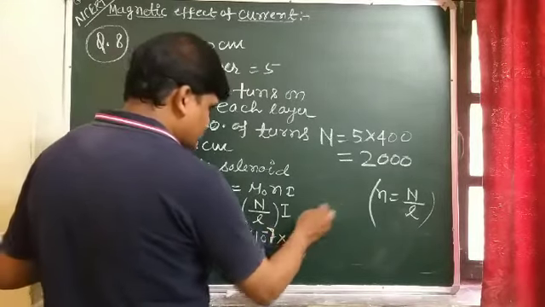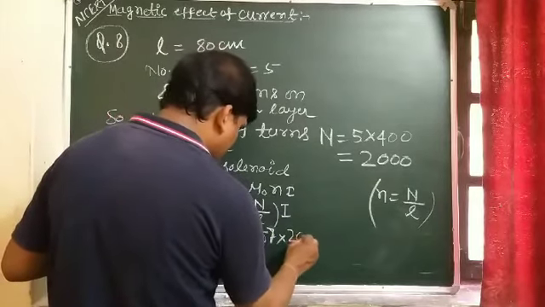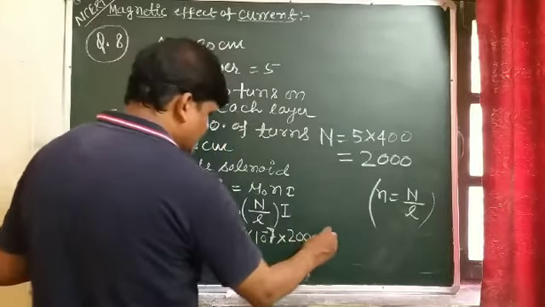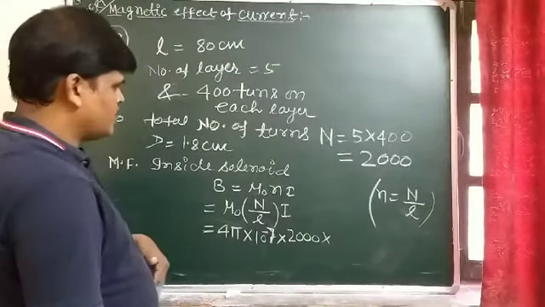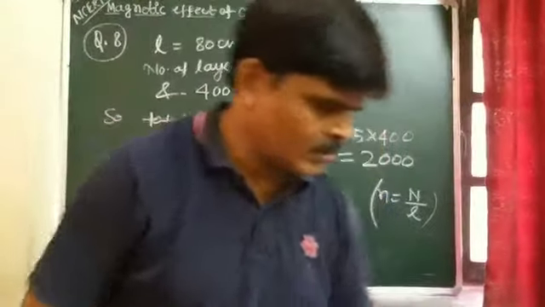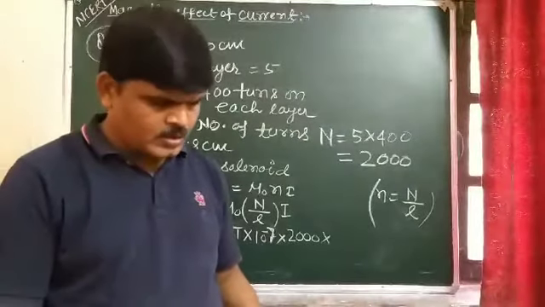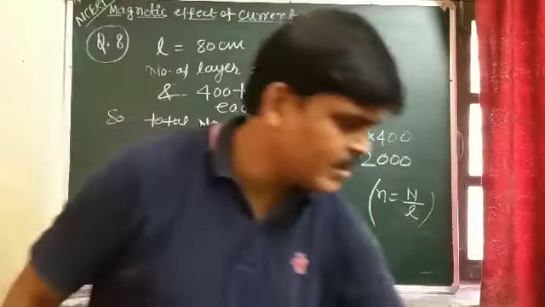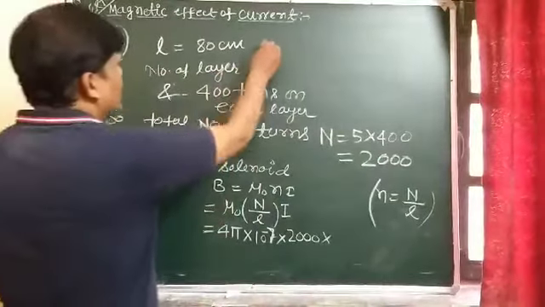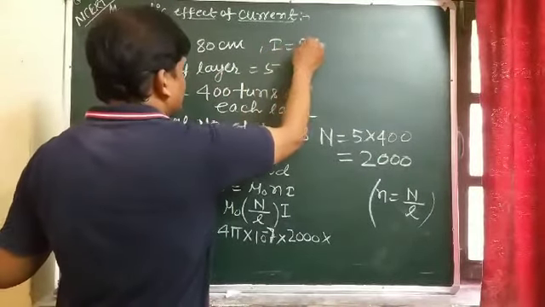Number of turns is 2000, the total number of turns. And current, the current carried is 8 ampere, so I is 8 ampere.